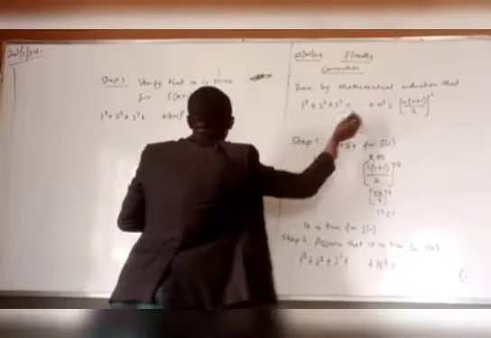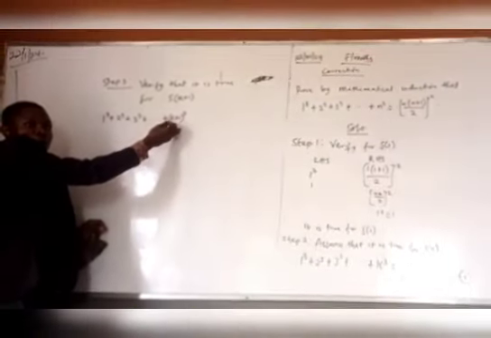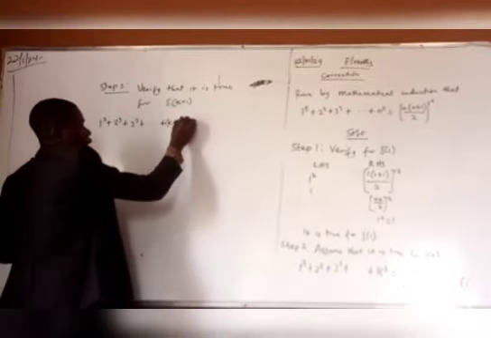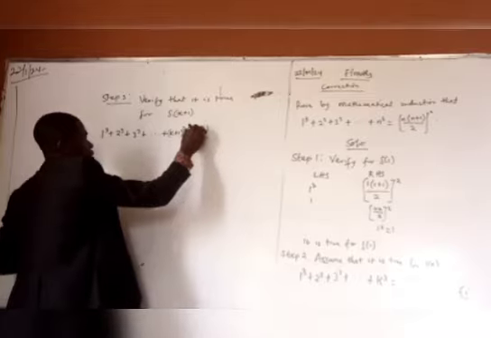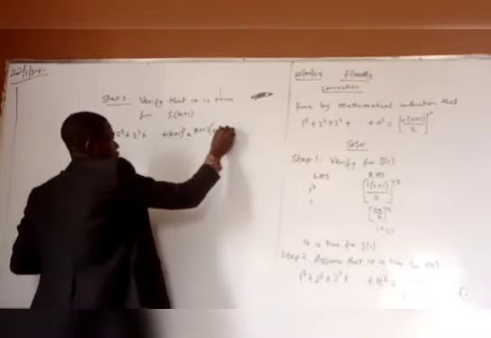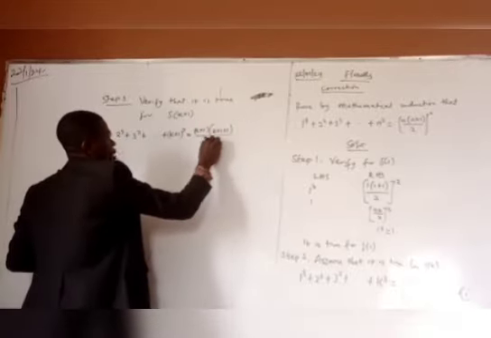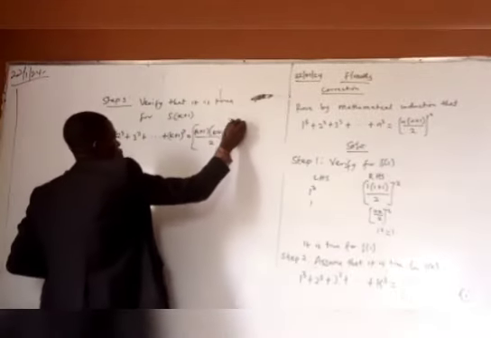Instead of n, I'll write k plus 1 cube, equal to, then for the right hand side, instead of n, I'll write k plus 1, then instead of n, I'll write k plus 1 plus 1, everything over 2 all squared.